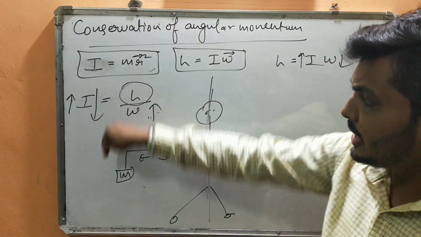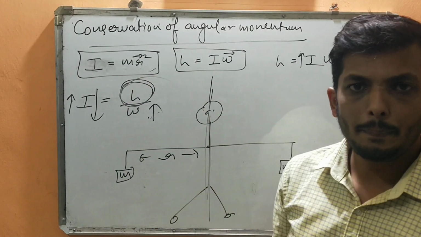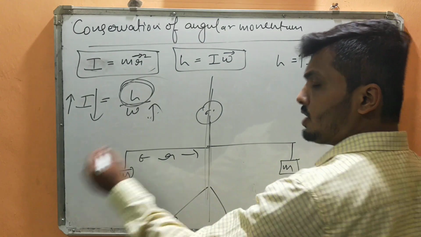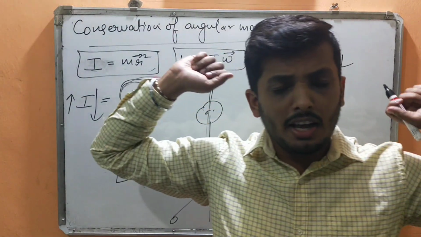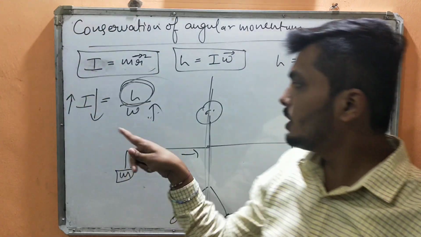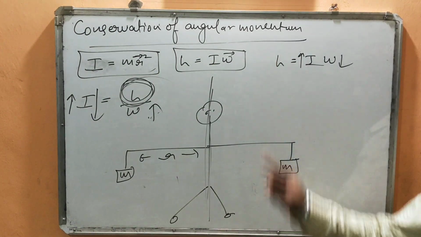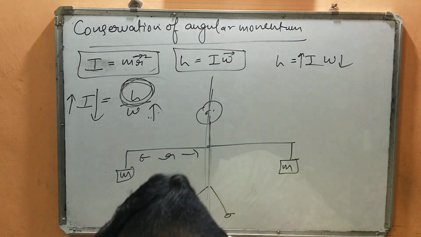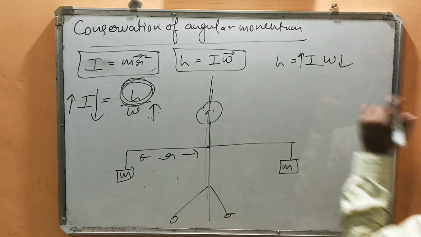So this is becoming less, this is becoming more. There is no change in angular momentum. Angular momentum is remaining constant. In the third case, again he extends his arms. When he extends his arms, moment of inertia increases. As a result, omega decreases and L remains constant. This is what is called conservation of angular momentum.